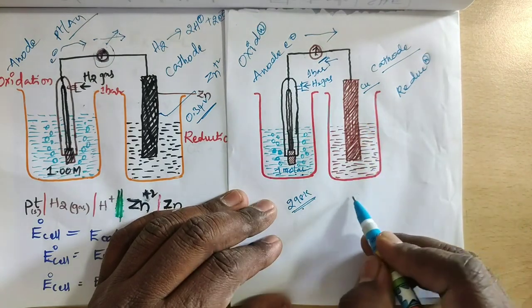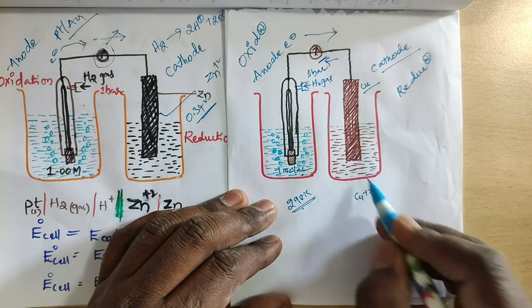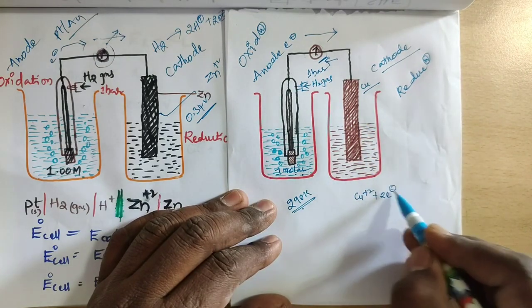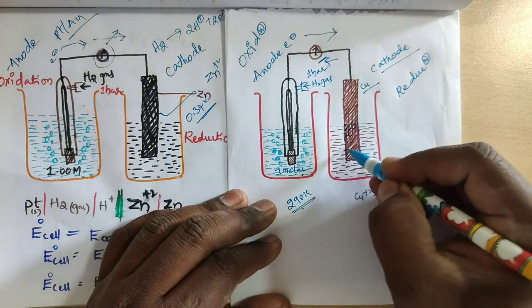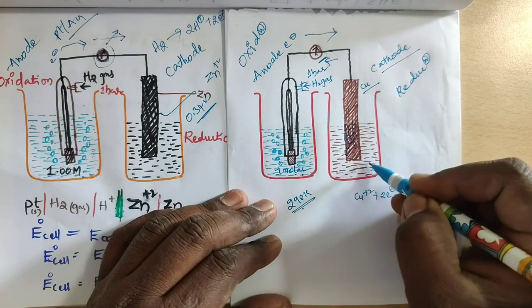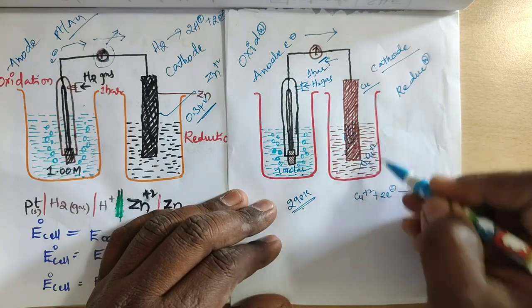Okay, so in this, Cu plus 2 by gain of 2 electrons is converted to solid copper. Solid copper is deposited on this electrode, from the Cu plus 2 ions.